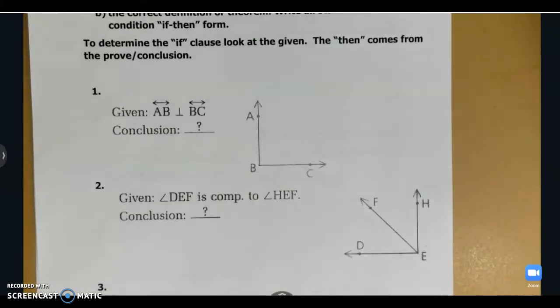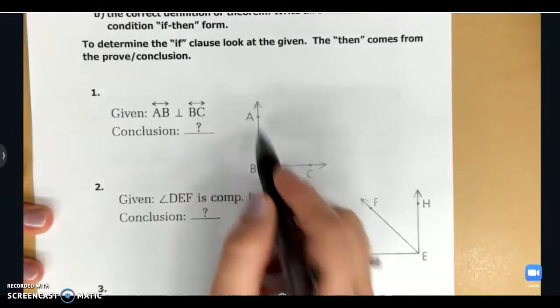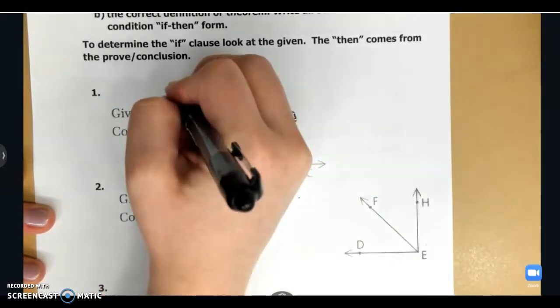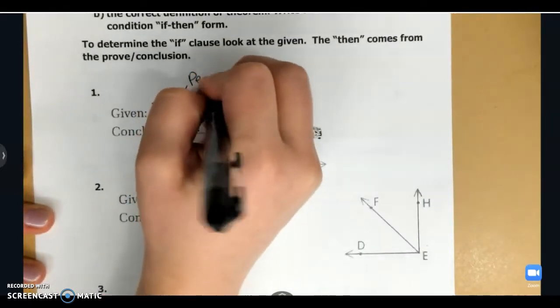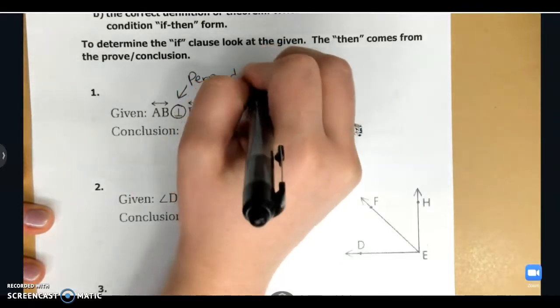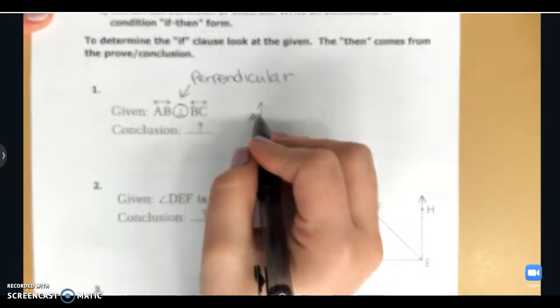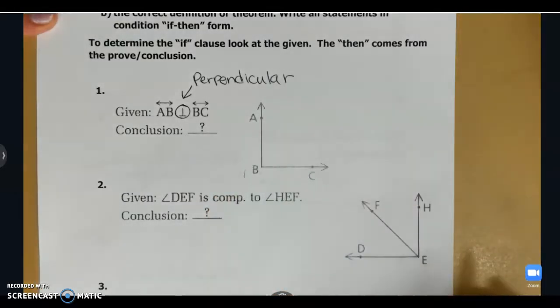So the first thing we're told is that line AB and line BC are perpendicular. Remember, this symbol means perpendicular. So the conclusion I can draw from that is that this angle that those two lines form is a right angle.